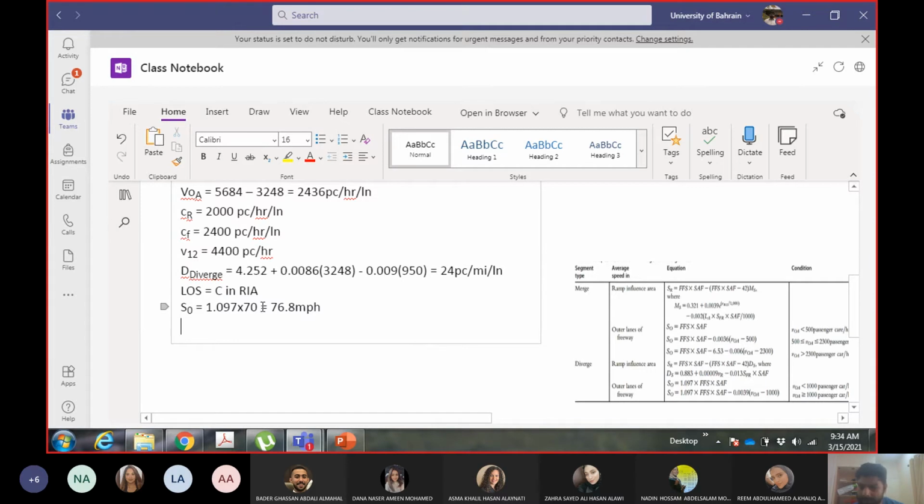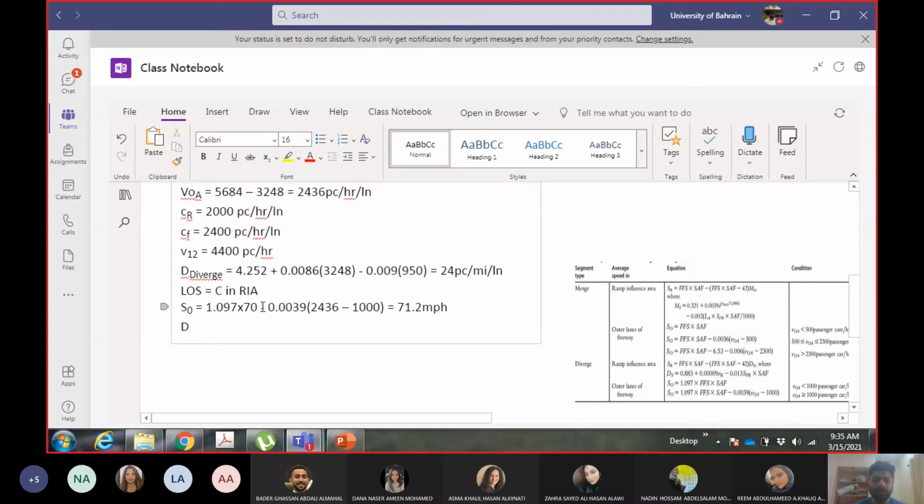1.097 into 70 minus 0.0039 times VOA minus 1,000. So VOA is 2436 minus 1,000. How much is it? 71.2. So this is S0, and I already have the flow rate for the outer lane, which is 2436.